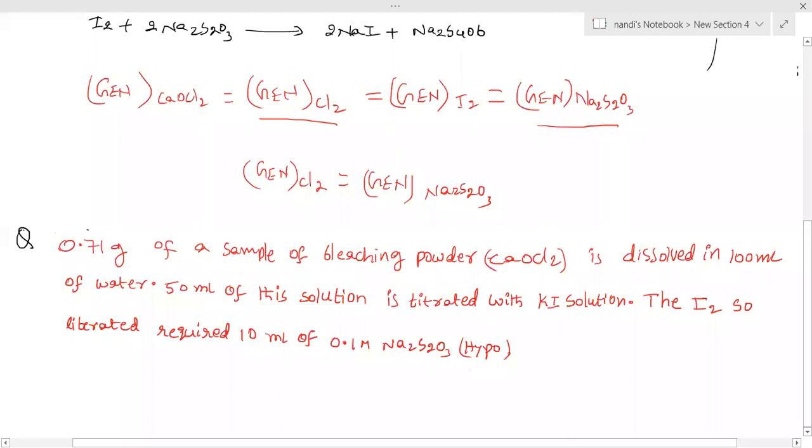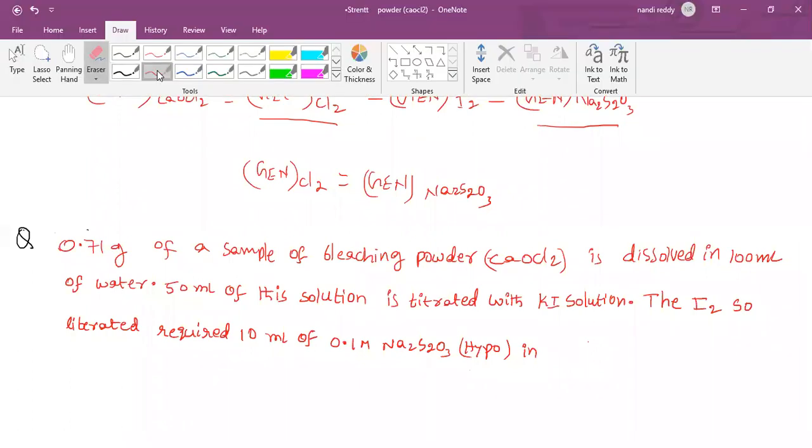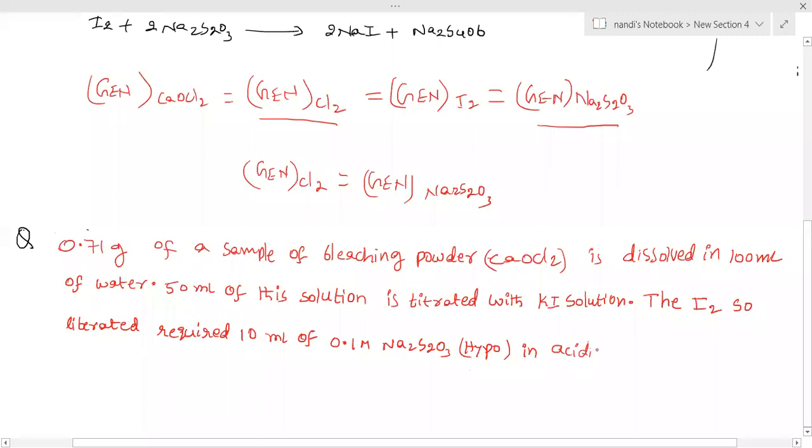Hypo solution in acidic medium, for complete neutralization.